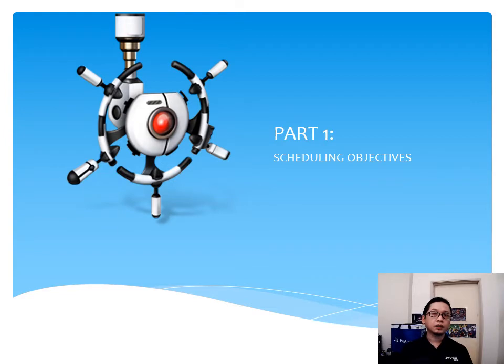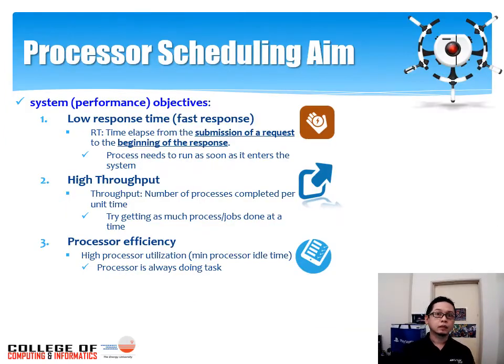First of all, we are going to look at the objective of scheduling. Generally, we have scheduling on the system because we want to make sure that there is a proper order in which processes execute. Specifically, the system objectives of scheduling are, first, low response times, which means it tries to respond as fast as possible.